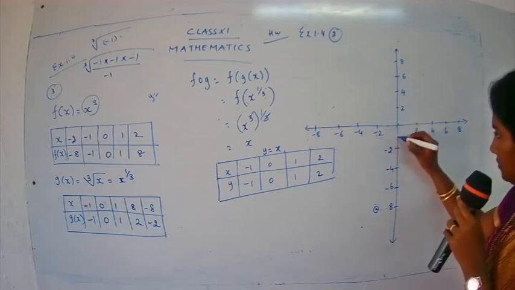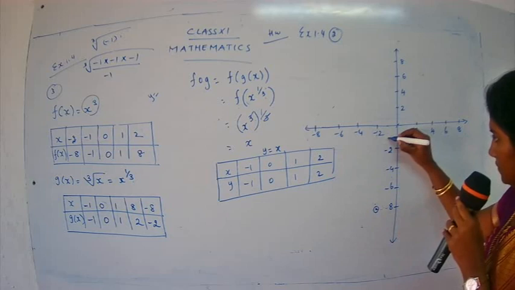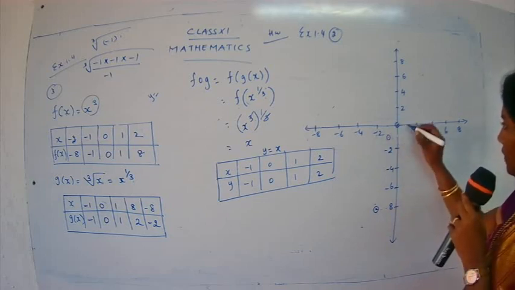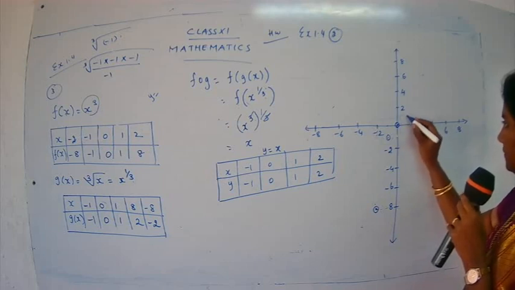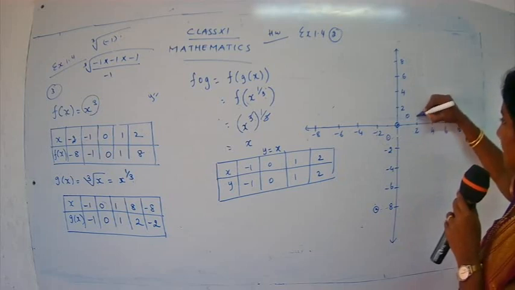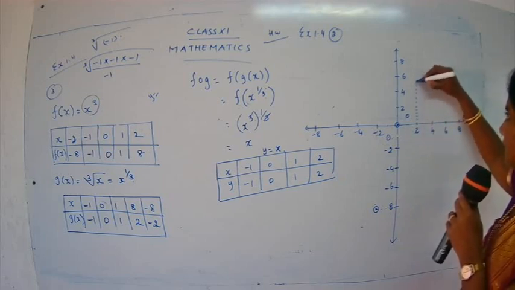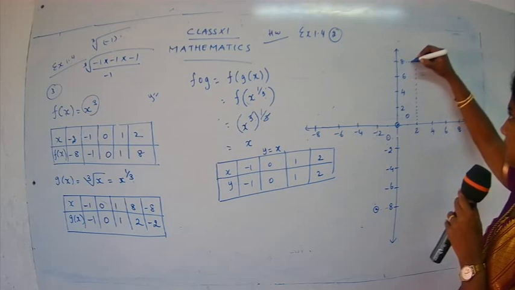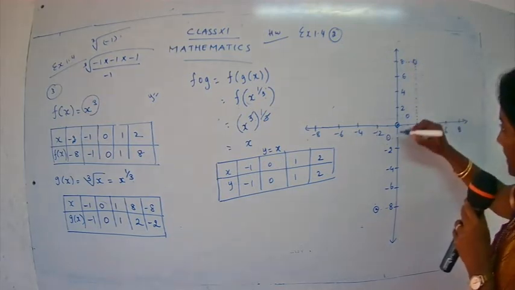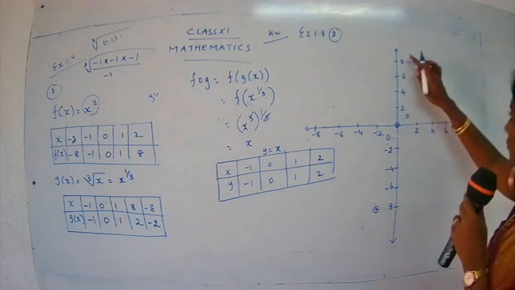Minus 1, somewhat here. 0, 0. 1, 1, somewhat here. 2, 8. Okay, done, children? So here you get 2, 8. See the graph properly? 2, 8.